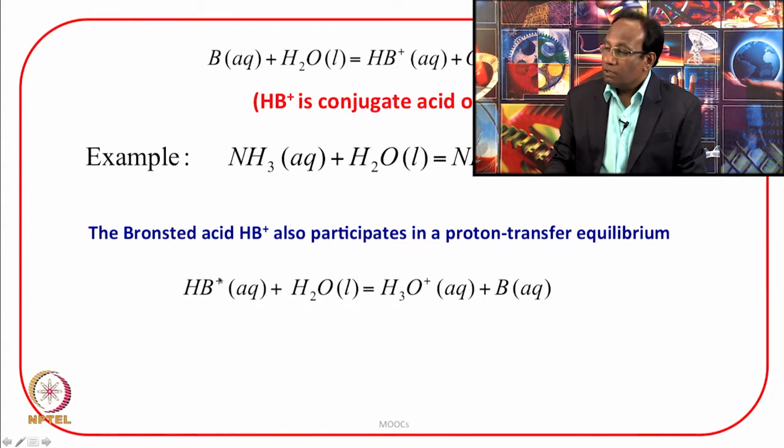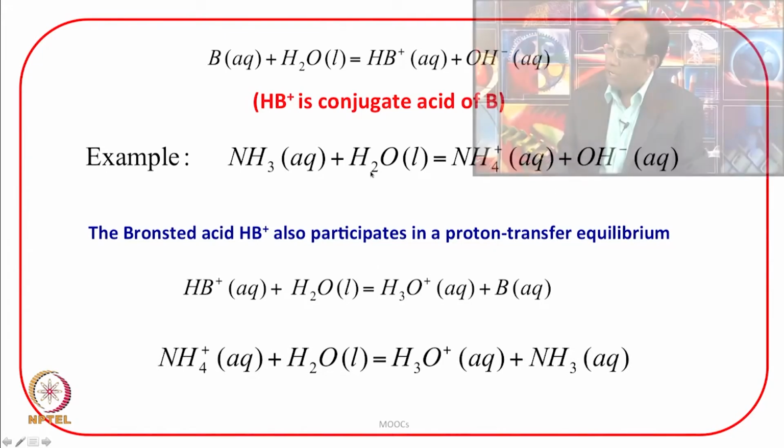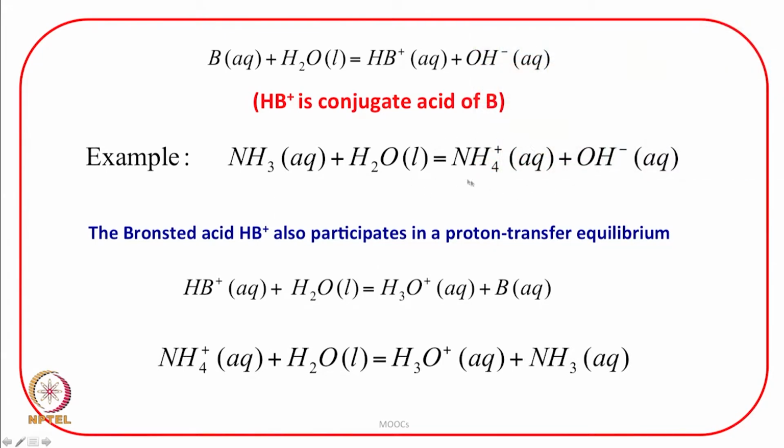You see what we have here is HB plus donating a proton to water, and what we are getting is H3O plus and B, which in the example that we took over here, the ammonium ion can lose the proton to water, resulting in hydronium ion and ammonia.